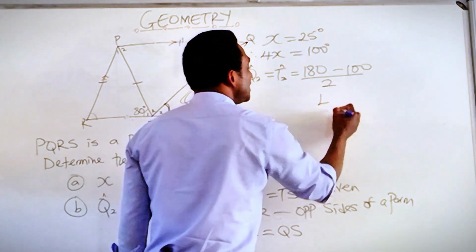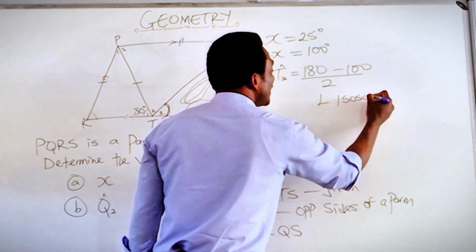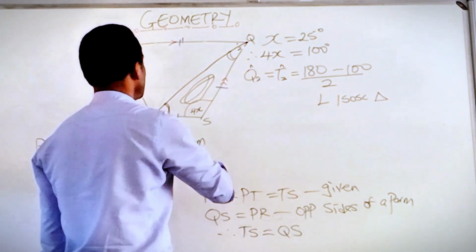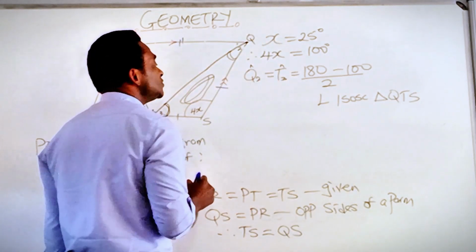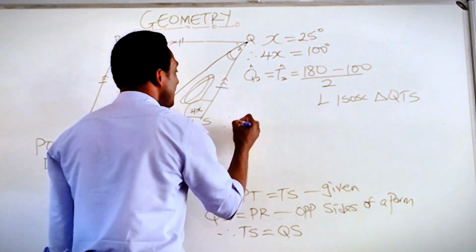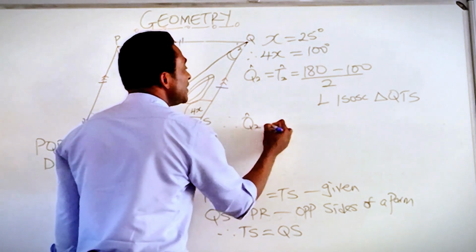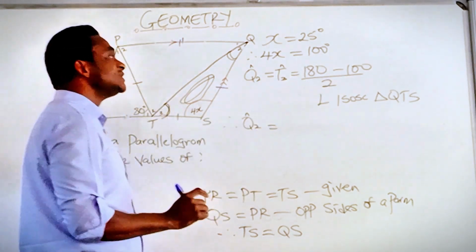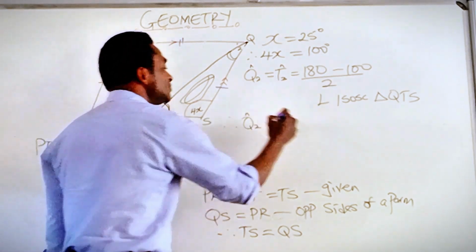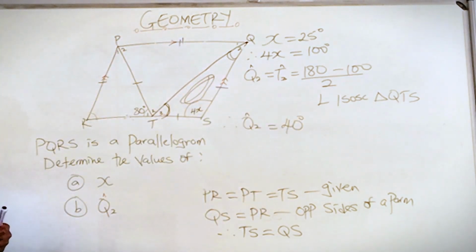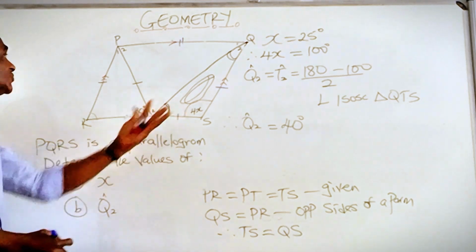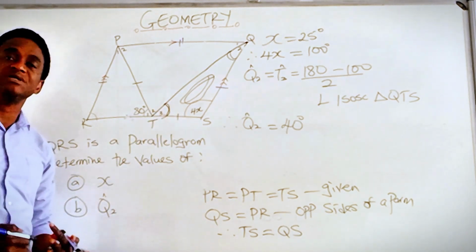Our reason is the properties of isosceles triangle QTS. So Q2 will then be 180 minus 100, which is 80, divided by 2, that is 40 degrees, as it is equivalent to T3.